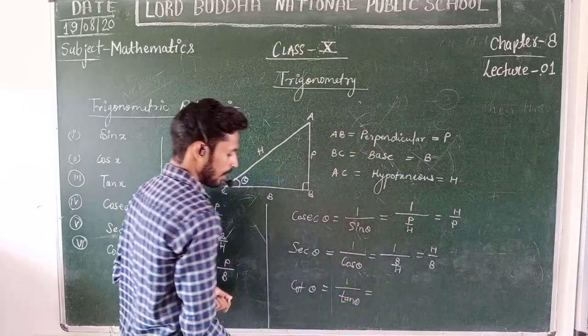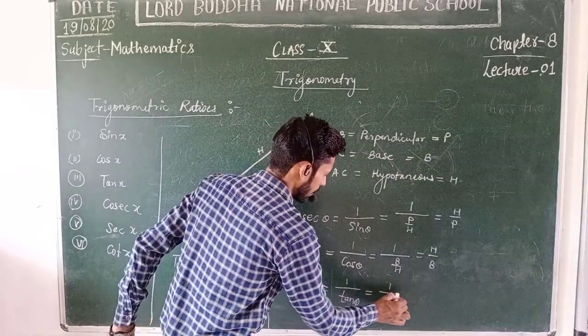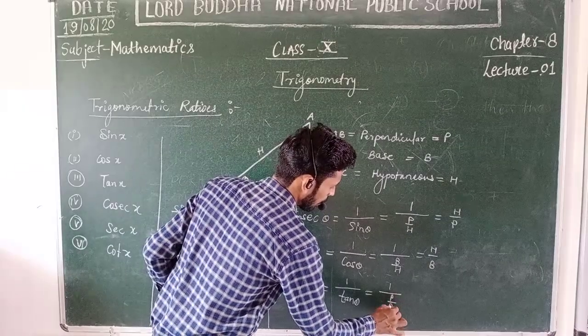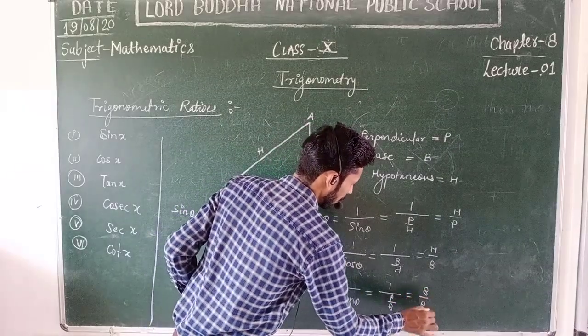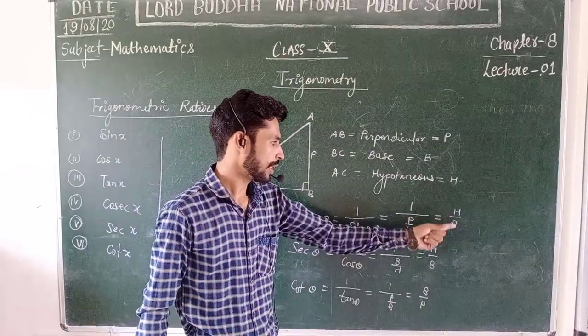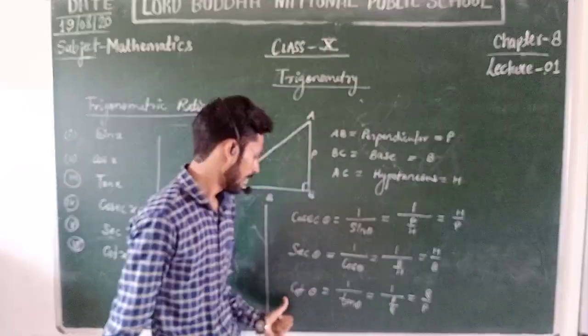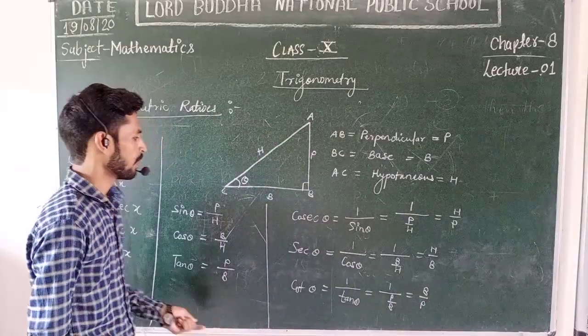For the ratio of cot theta, we write 1 upon tan theta, that is 1 upon perpendicular upon base, which is equal to base upon perpendicular. So cosec theta equals hypotenuse upon perpendicular, sec theta equals hypotenuse upon base, and the last one is cot theta equals base upon perpendicular.